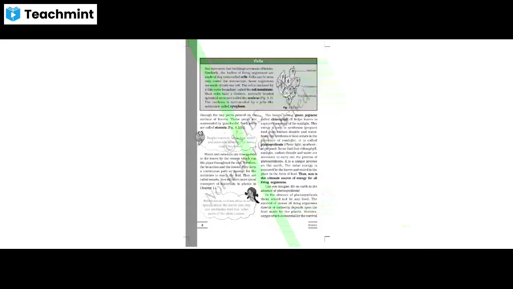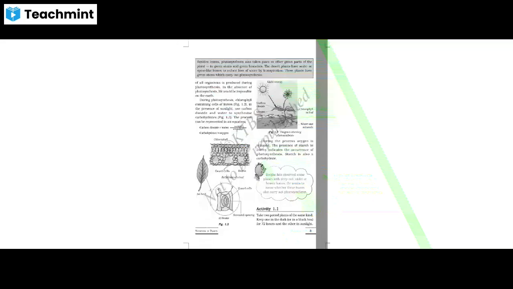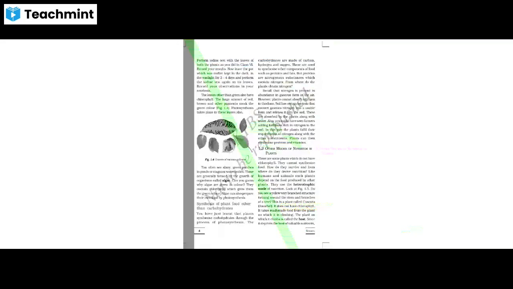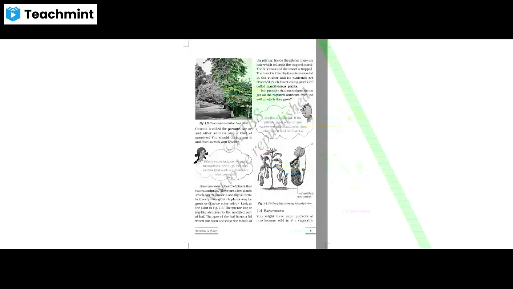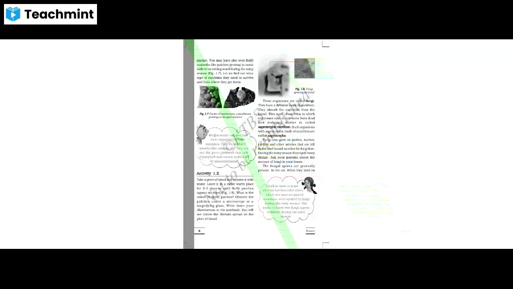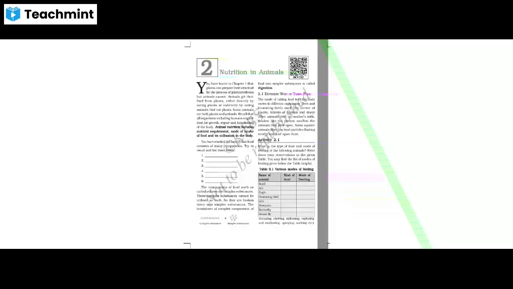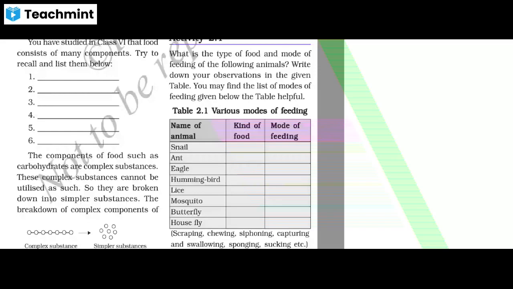Yes, children. Here different kinds of organisms and animals are given. See here, the first is the snail. Look at this chart: various modes of feeding, how these animals feed. In that, the first one is the snail.